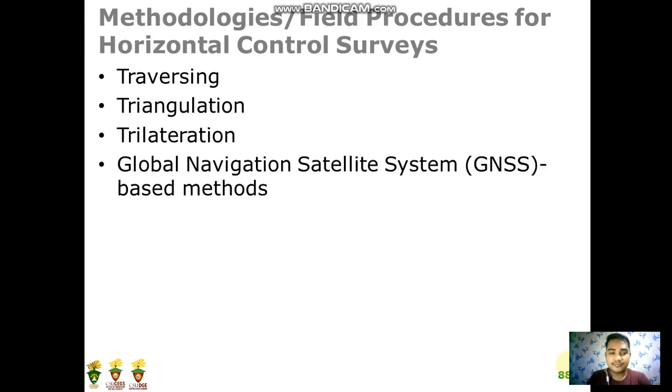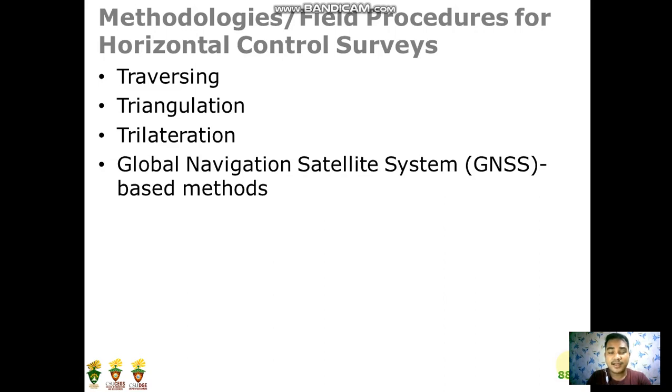So, for the methods, here are the field procedures for horizontal control surveys. We have traversing, so kasayod naman tanong kung saan yung traversing, triangulation, and trilateration. And also we have this additional one, the global navigation satellite system based method.